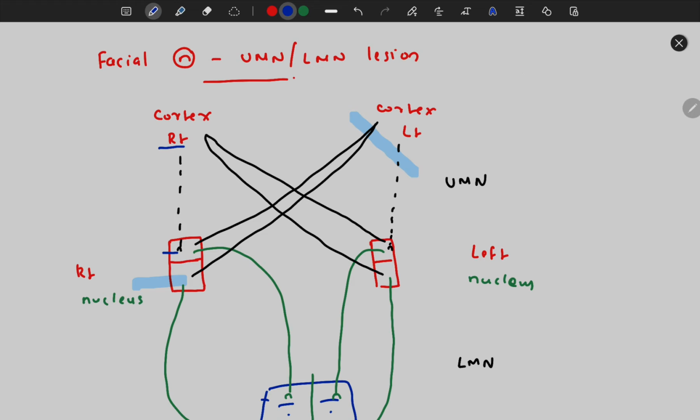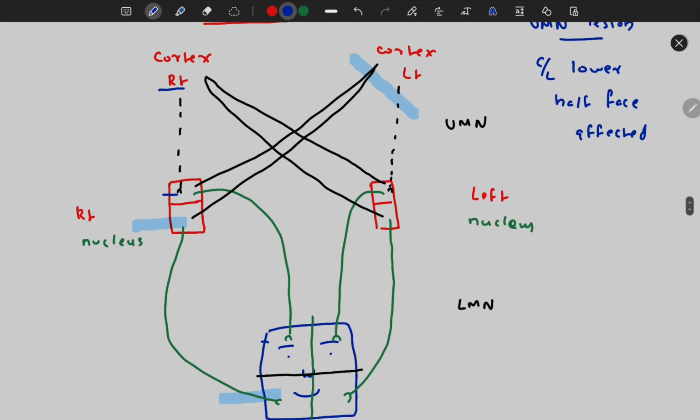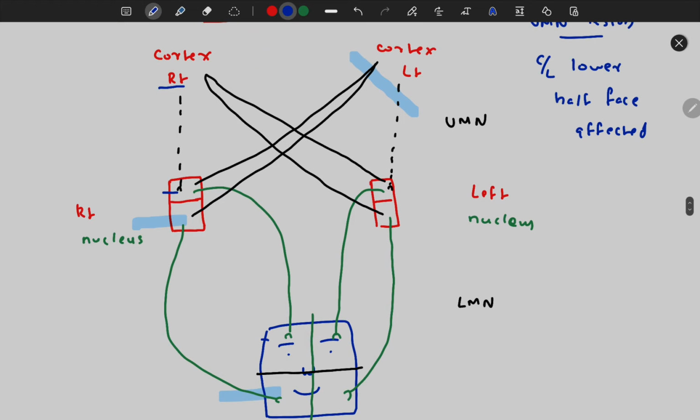So always remember this, that in a UMN lesion, the contralateral lower half of the face is affected. You can see that only the contralateral lower part of the face is affected.